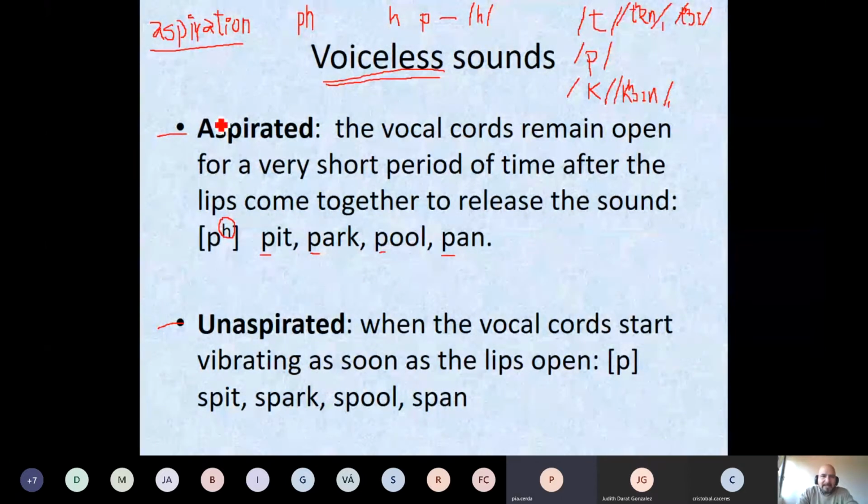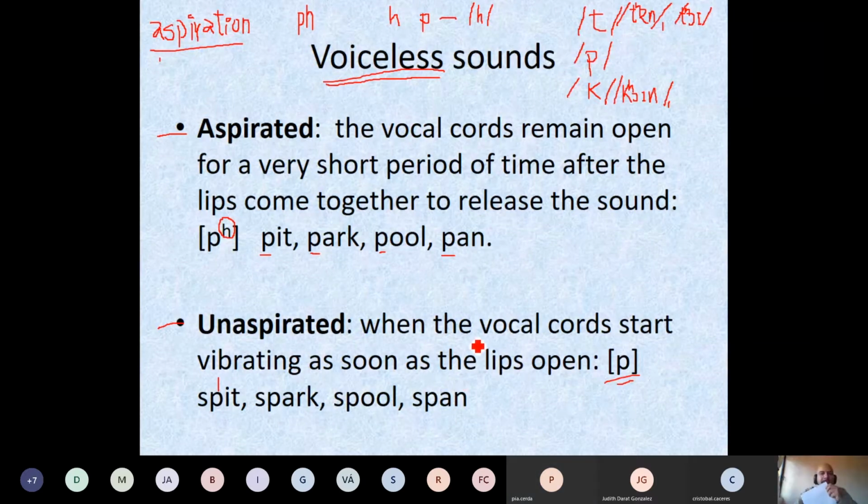Now, this feature of aspiration is not present when the sound is in middle position or in final position. For example, here, the P is present in spit, spark, spool, and span. If you do the exercise, if you place the piece of paper in front of you and you say pit, the piece of paper moves.